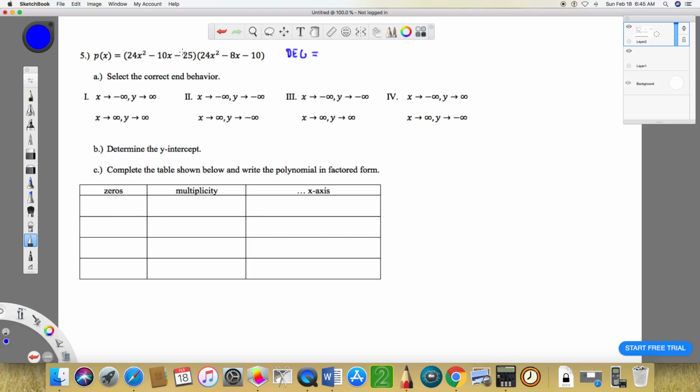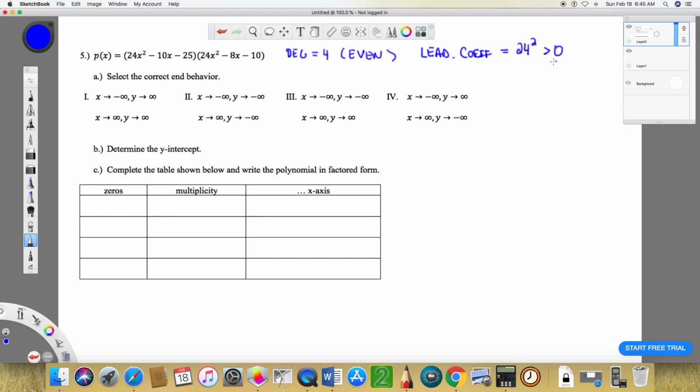This first one is a quadratic, it's x squared. This is a quadratic, it's x squared, and 2 plus 2 is 4, and that's an even number. And the leading coefficient is going to be whatever 24 times 24 is.